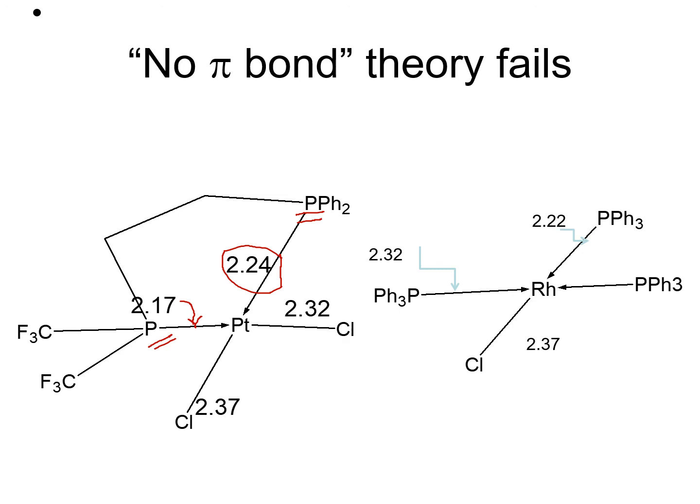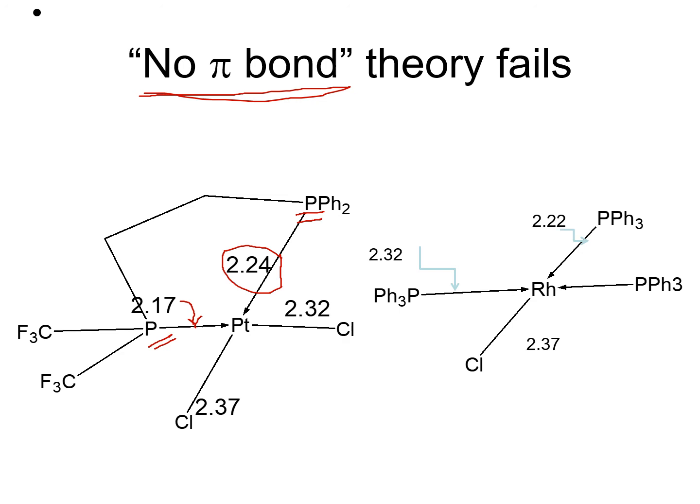Exactly the opposite is found. So that is one reason why we believe that the sigma-only explanation is not correct and there must be a pi bond involved. So this no pi bond theory is false.